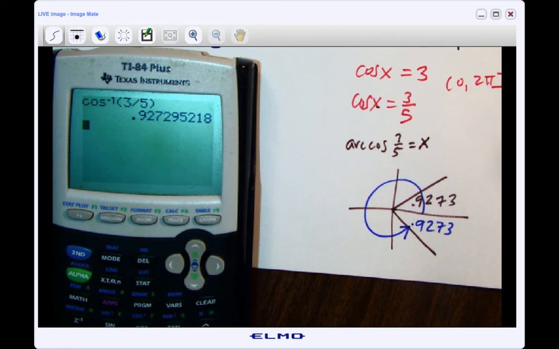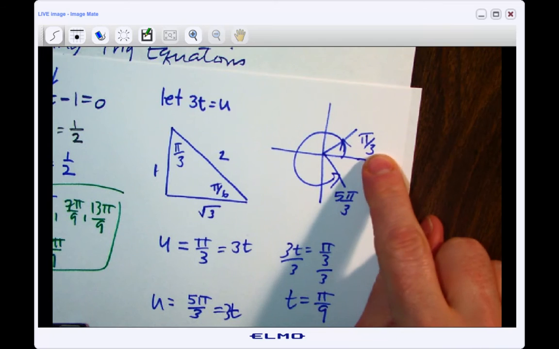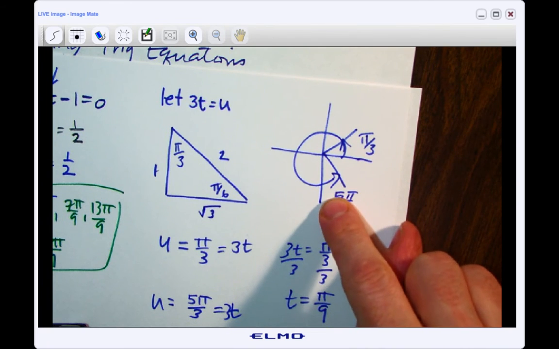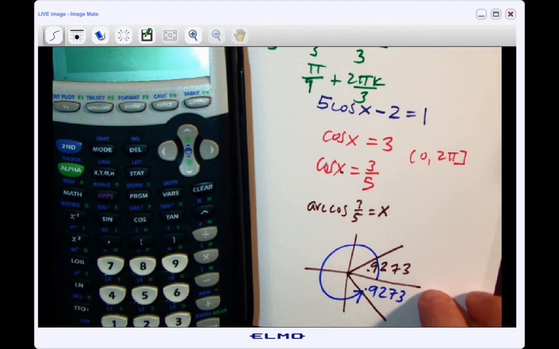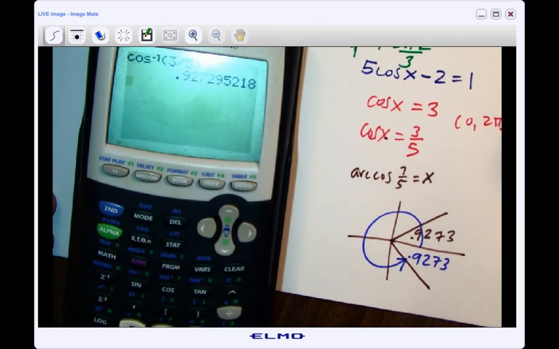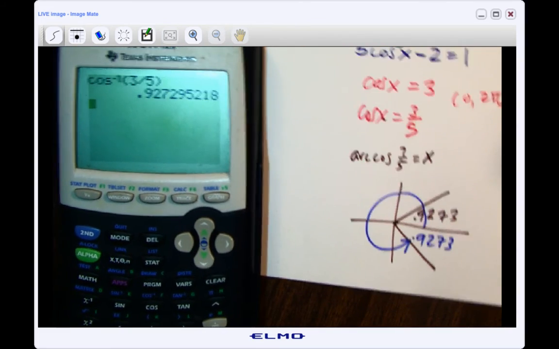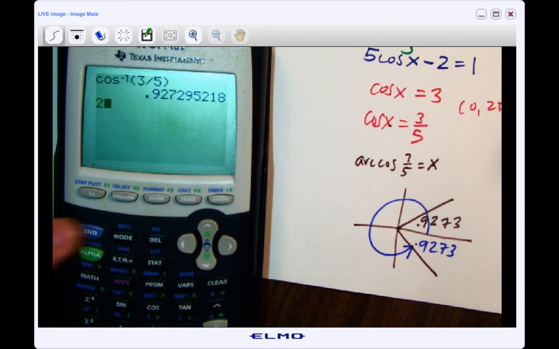I'm going to do it the same way I've been doing all along. Over here, I knew that was 5 pi over 3 because I knew this was 6 pi over 3, and I backed it up 1 pi over 3 because my reference angle was pi over 3. I'm going to do the same thing here. I know that this is 2 pi, and I'm going to back it up that many radians. So I'm going to do 2 pi.